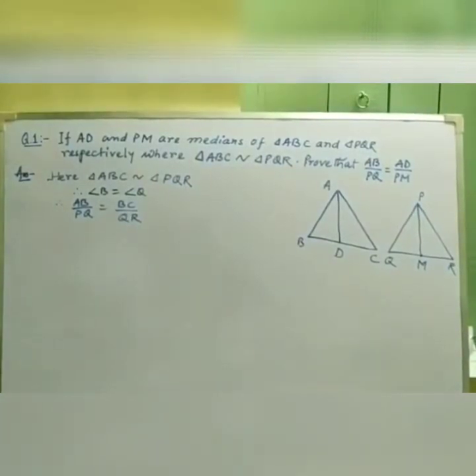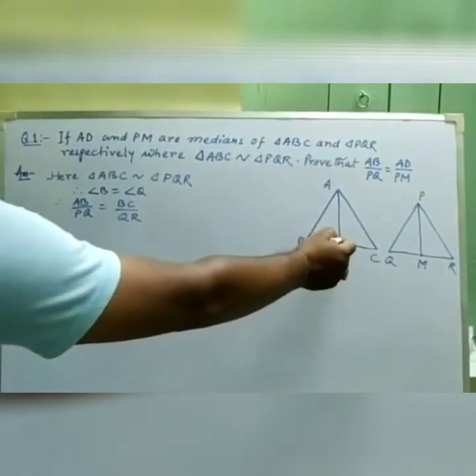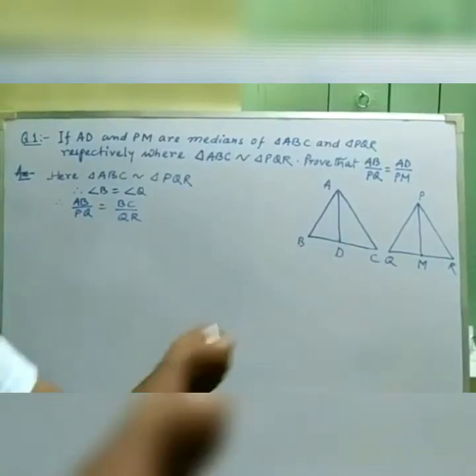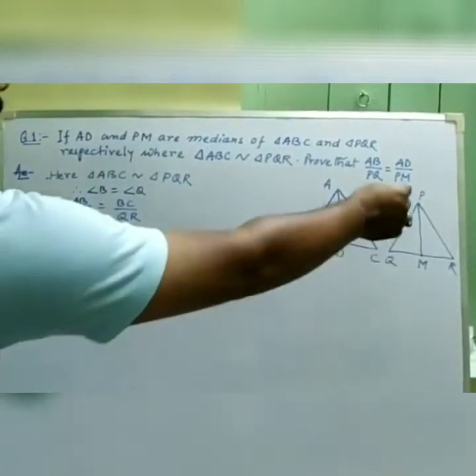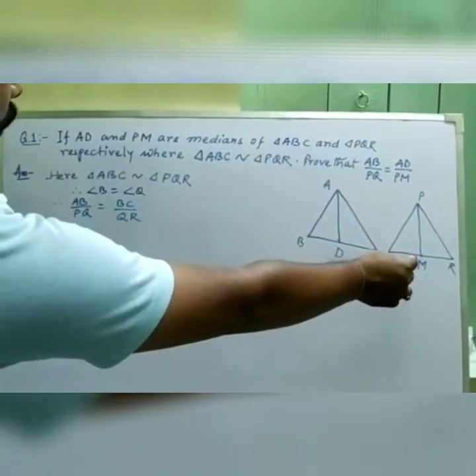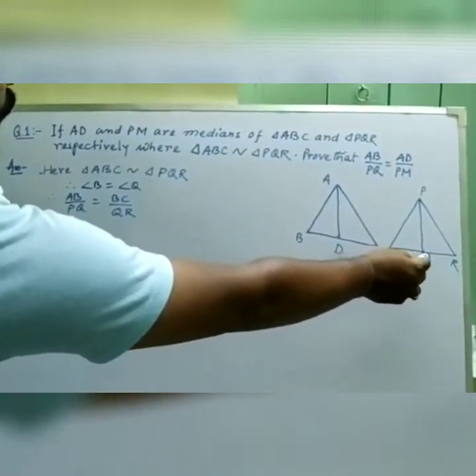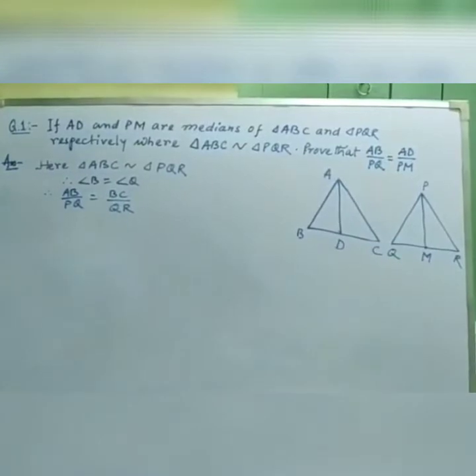Now, as AD is the median, D is the midpoint, so BC is twice BD. Similarly, PM is the median, so M is the midpoint, and therefore QR is twice QM.